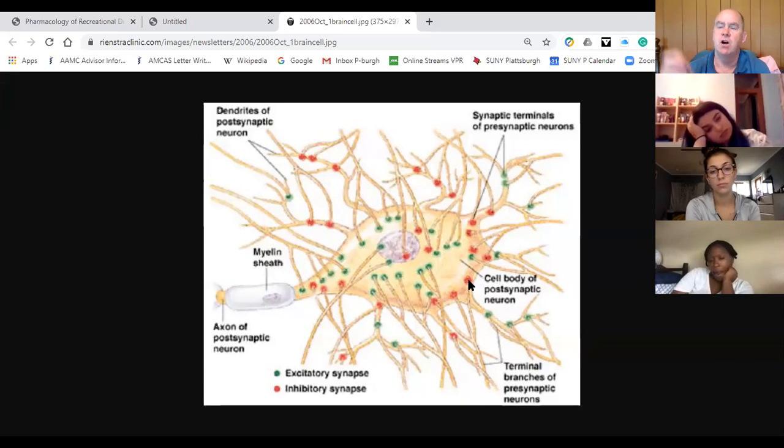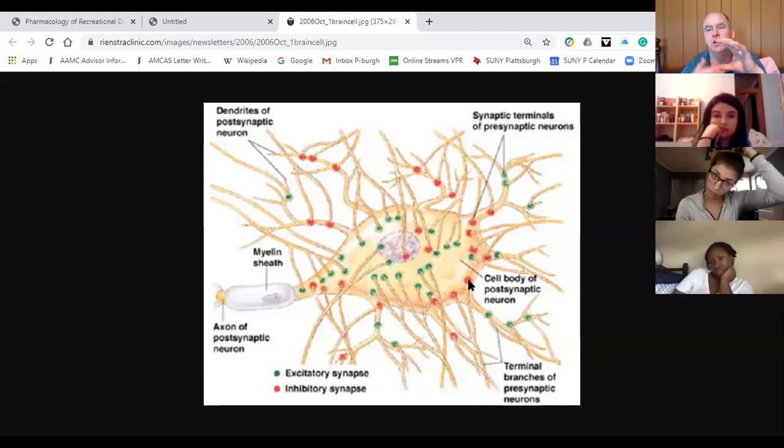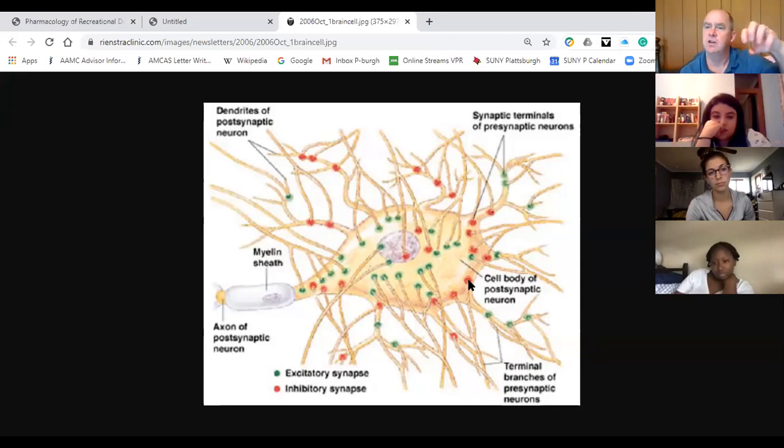These red things are mostly GABA, opening chloride channels, and chloride going in, causing an IPSP. So an EPSP is excitatory postsynaptic potential. So it's like the neurotransmitter goes out, binds the receptor, opens a channel, and then ions go through. That's your EPSP. If it's sodium, it's an EPSP. If it's chloride, it's an IPSP.